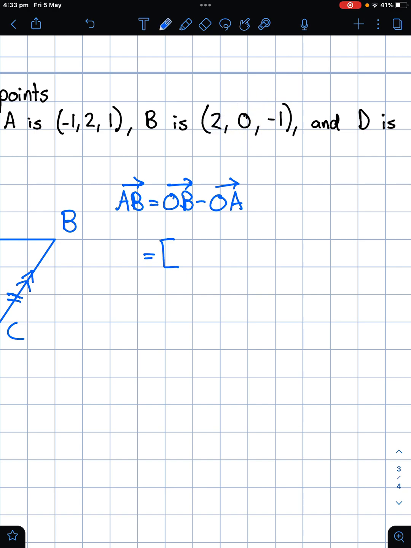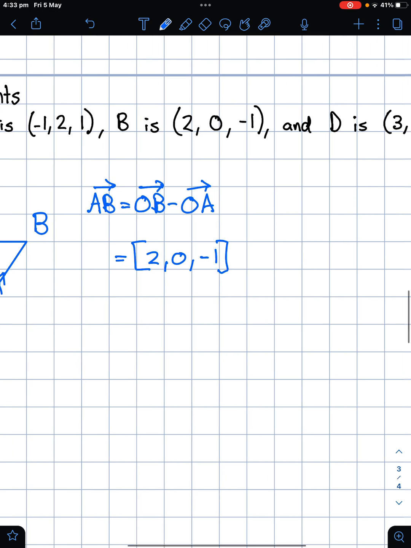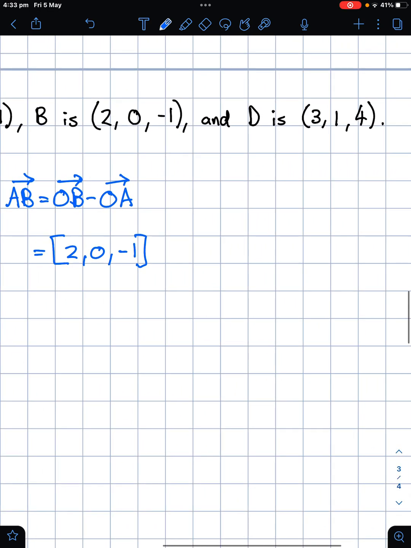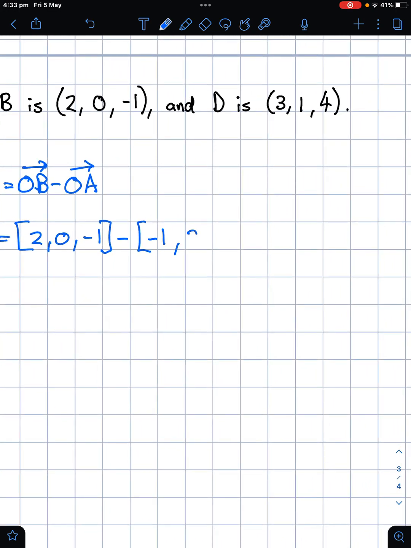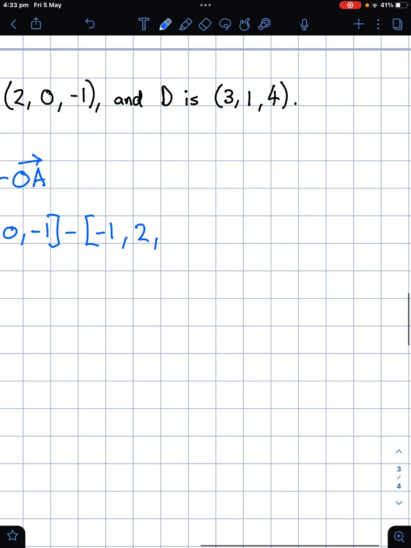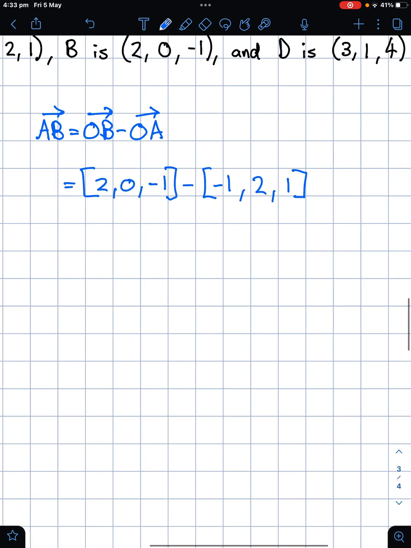Our OB position vector uses the coordinates there, so from the origin we've got (2, 0, -1). Then our OA vector is minus (-1, 2, 1). We're going to do these elements together. 2 take -1 is 3. 0 take 2 gives me -2.